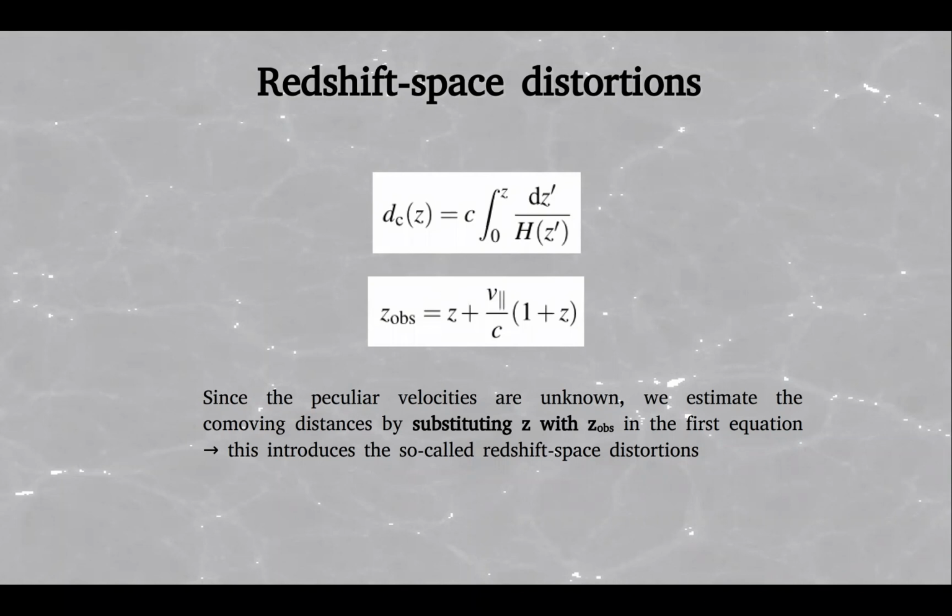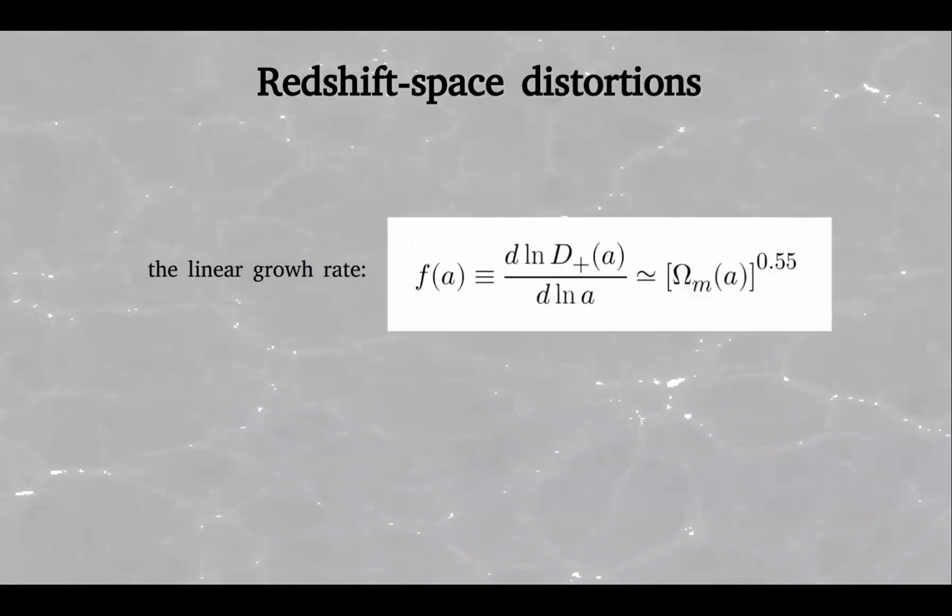Okay, so in order to use these things, as we have seen, we measure the two-point correlation function. I skip a lot of equations, but the point is that we are able to predict the distortions in the anisotropic two-point correlation function, and this model depends on some bias parameter and other parameters, but in particular on the linear growth rate, which is defined here.